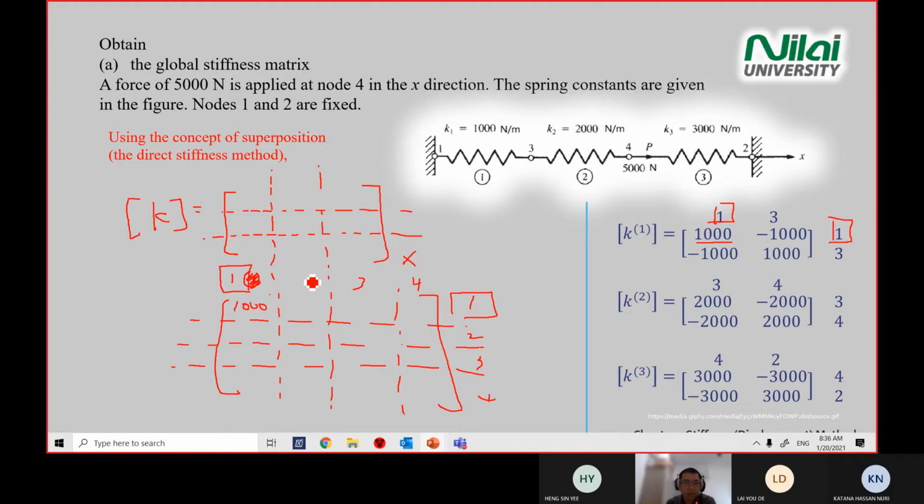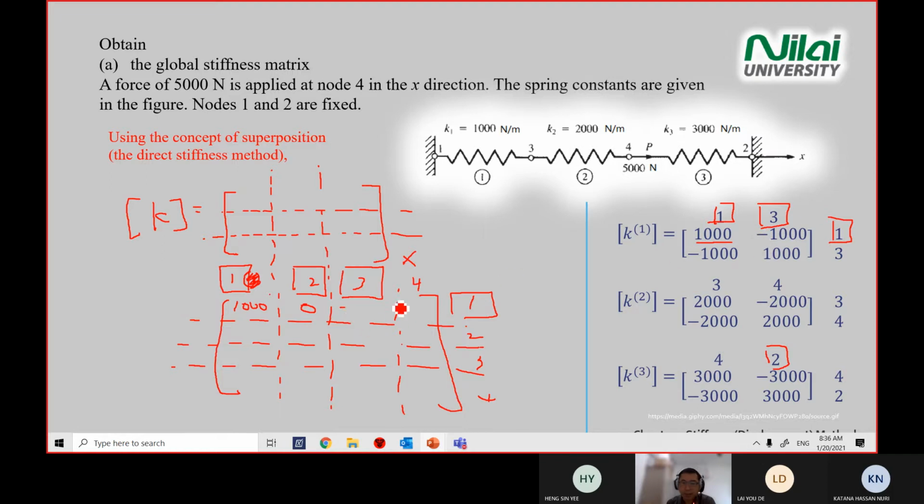Then you look for the second one, 2, 1. But there's no 2, 1 here. So you cannot find 2, 1 here. You put 0. Then you continue. You go to 3, 1. Look at 3, 1. You get negative 1000.